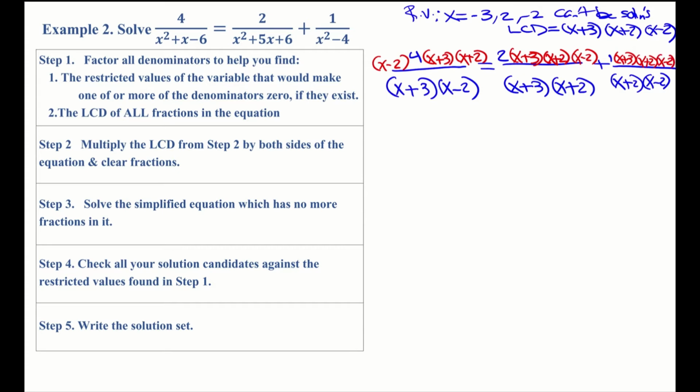All right, now we go through and we cross cancel as much as we can. So here on the first term, we notice x plus 3 cancels x plus 3, x minus 2 cancels x minus 2.